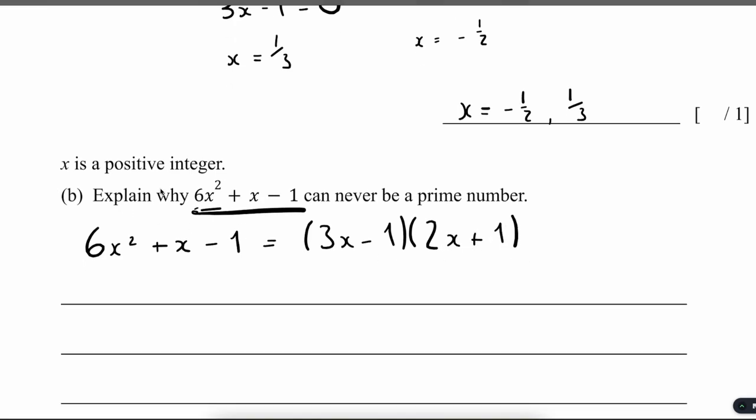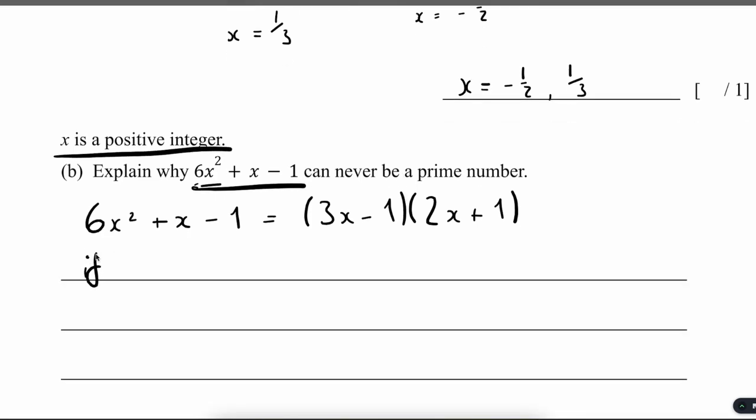Now, if x is a positive integer, then we know that 3x minus 1 cannot equal 1, because the first positive integer is 1.